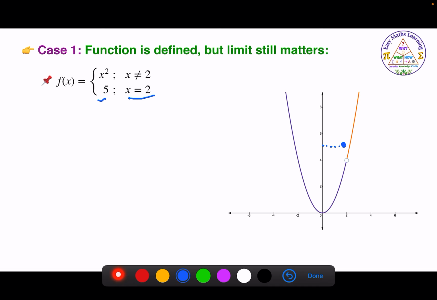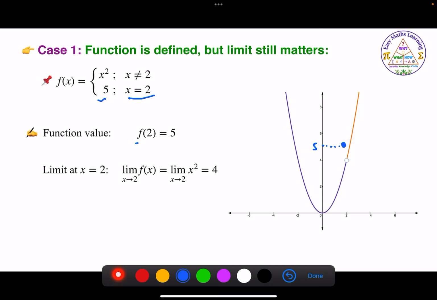So function value at 2 is 5, and if we think about the limit, then as x gets closer and closer to 2 from both sides, function gets closer and closer to value 4. Means function approaches 4. So limit is 4. So in this case, we see function value and limit value both are different.